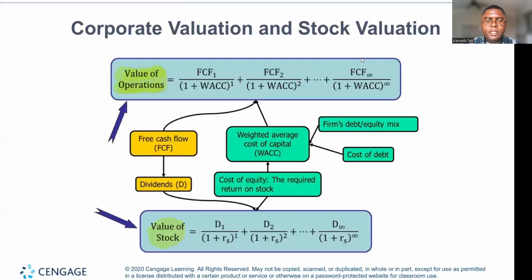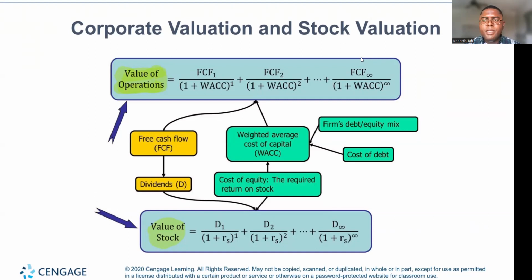So here we find the two models that we are going to use in valuing a company or stock. The free cash flow model, where we calculate the present value of each cash flow. The business is a going concern, which means the corporation is there forever. So the assumption is that the free cash flow or the dividend is going to come in forever.